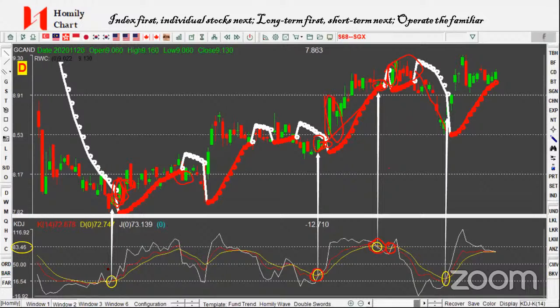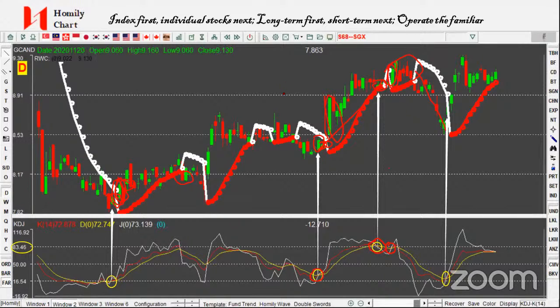But if you want to apply KDJ, to take the most of its advantage, you need to know when is the best situation to apply it. The best situation is a volatile market. And actually, this is the blind spot of the red and white circle.